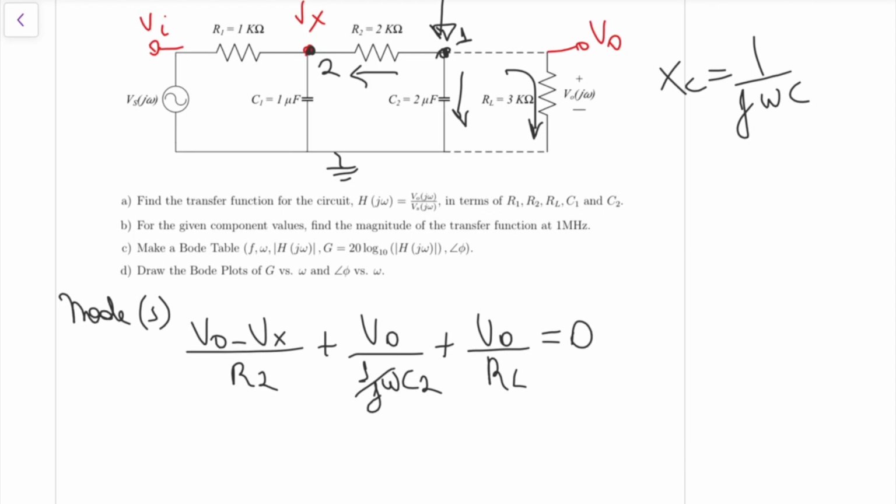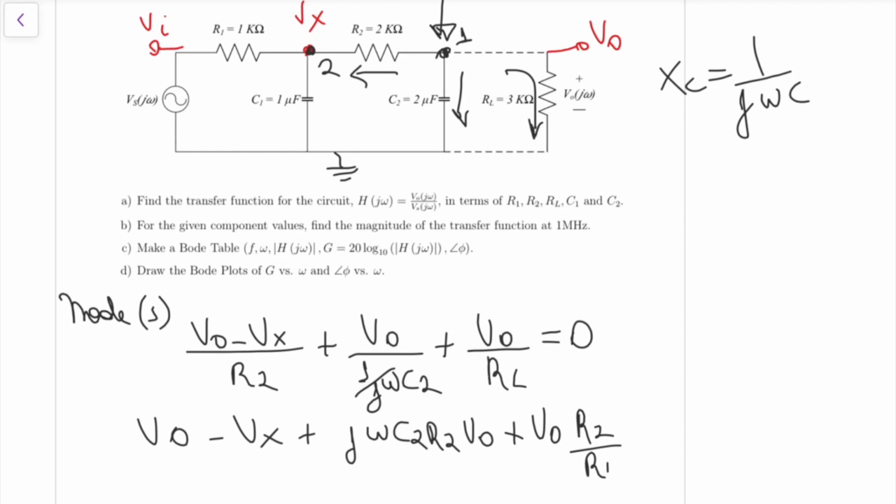So we can basically multiply everything by R2, right? So it means that we have V out minus Vx plus j omega C2 R2 times V out plus V out times R2 over RL.